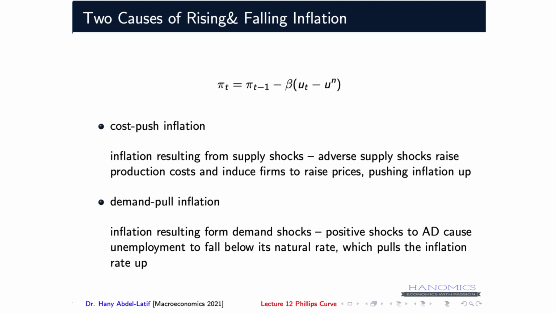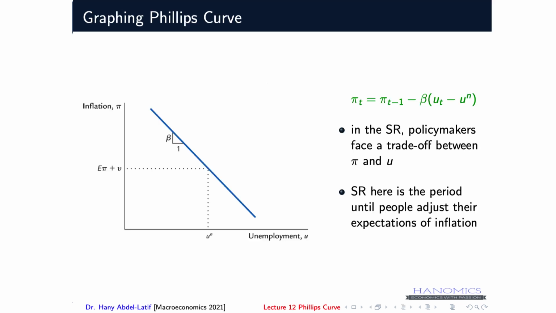Moving from here, if we want to graph the Phillips curve, we take into consideration the expectation formation mechanism which we adopted here, adaptive expectations. In a few minutes we'll look at other possible mechanisms, but for now the expected inflation in time t equals the observed inflation in time t minus 1.